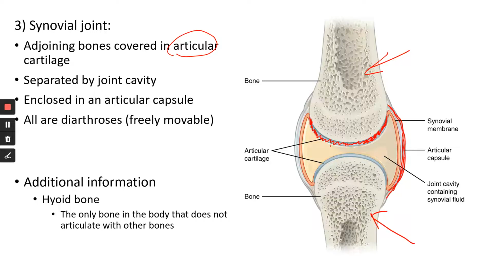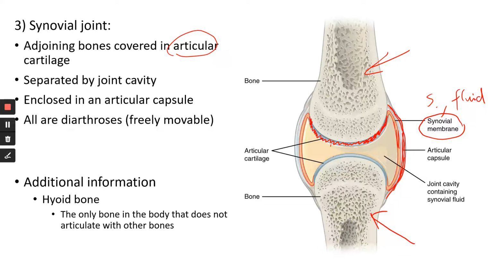So that's the capsule. Now you're going to ask, what is the layer that's internal to the articular capsule? This orange color layer, that's called the synovial membrane. The synovial membrane secretes synovial fluid. And this fluid is very important because it lubricates the joint and minimizes friction.